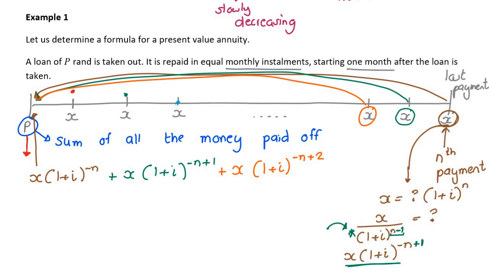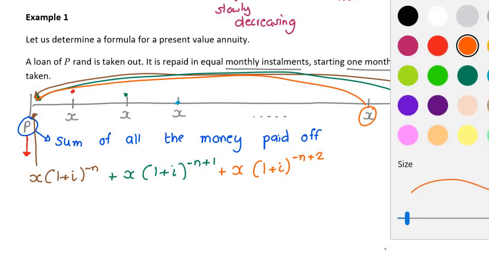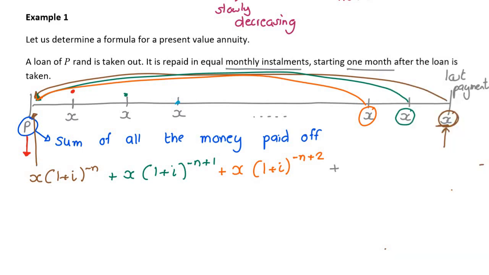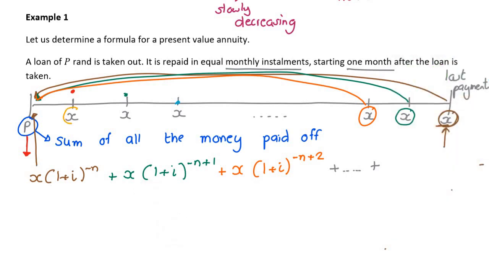Okay, so hopefully this is making a little bit of sense. Now I'm just going to raise this to create a bit more space for myself, because basically what I would do is I would continue this pattern, and I'd say plus and so on, all the way down to this very first X that you would have paid off.